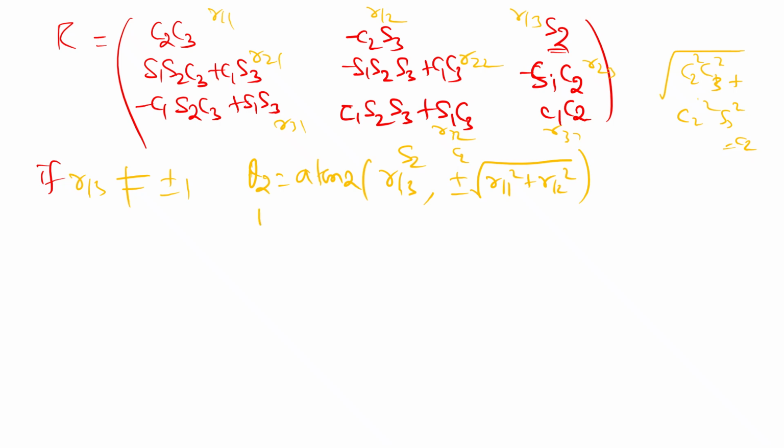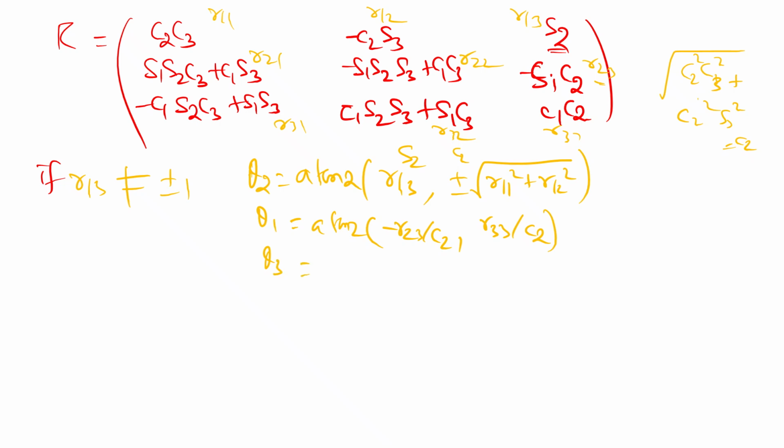Then let's say theta 1. Theta 1 is this term. First I need arctan2 of this term, which is R23, minus R23 divided by C2. If I divide this by C2, I will get S1, comma, R33 by C2. Then I will get theta 1.